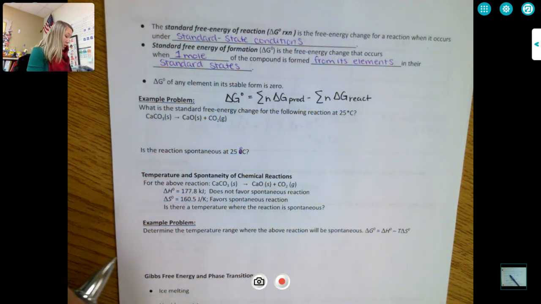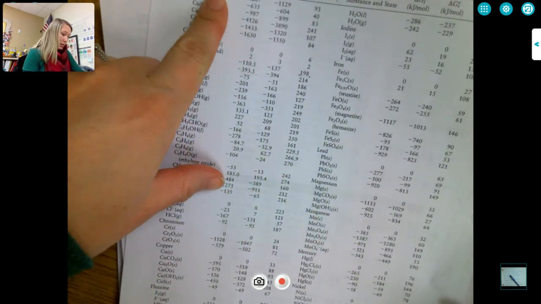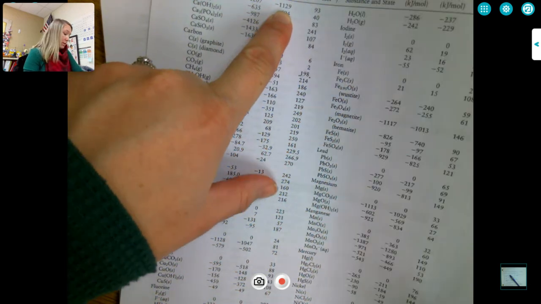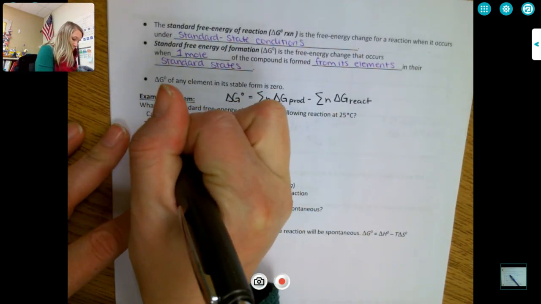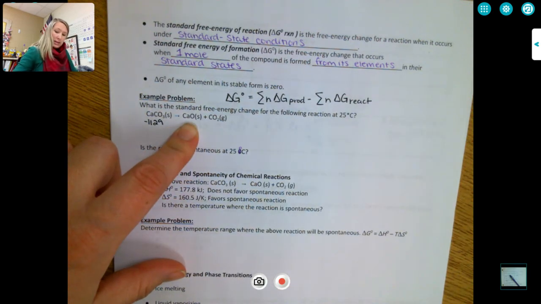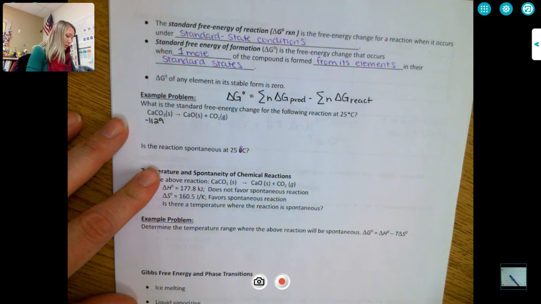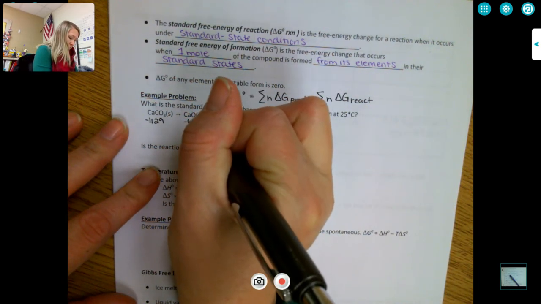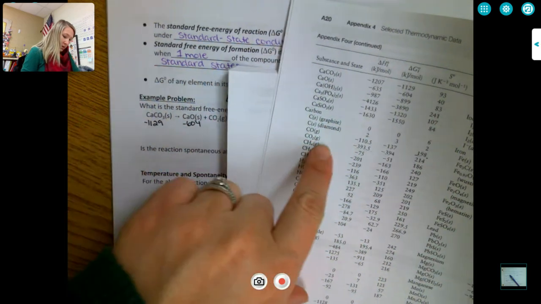So from our chart, we need calcium carbonate, negative 1129; calcium oxide, negative 604; and carbon dioxide, CO2, negative 394.